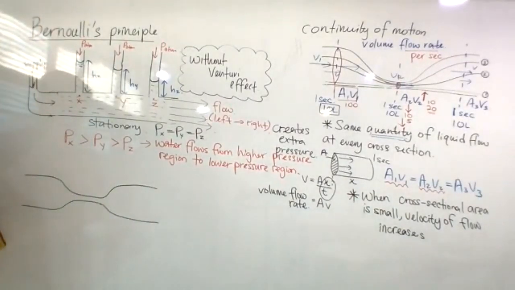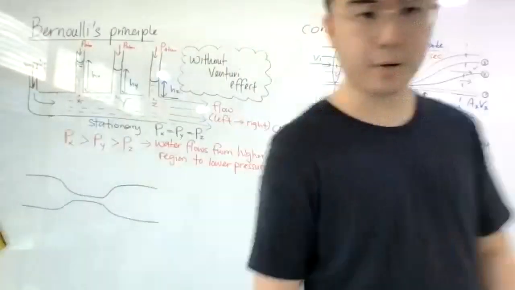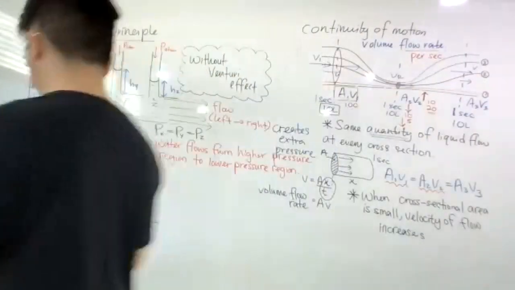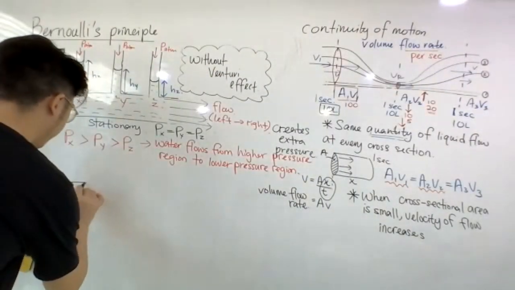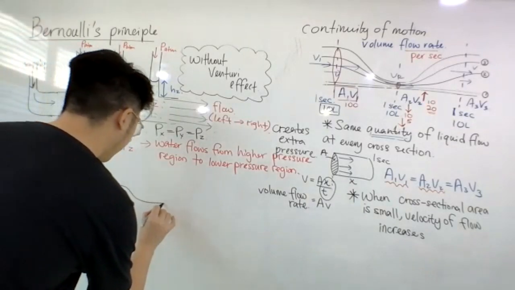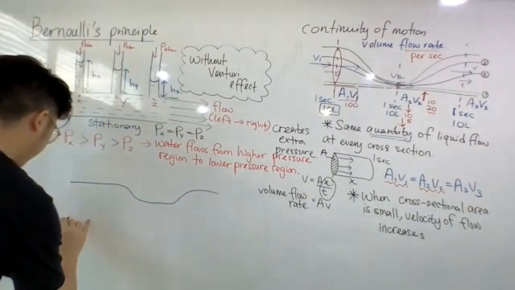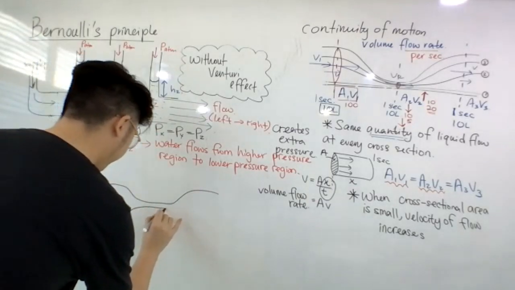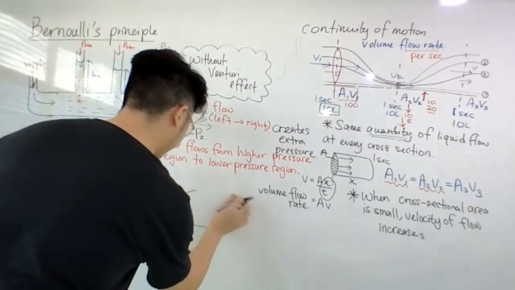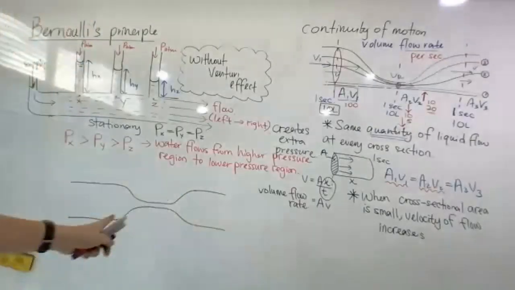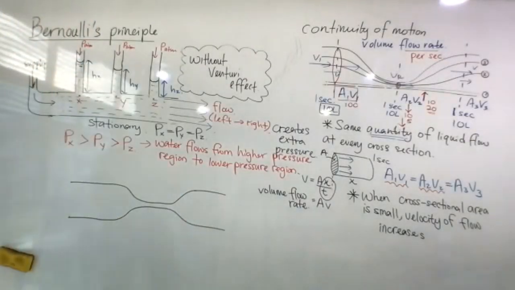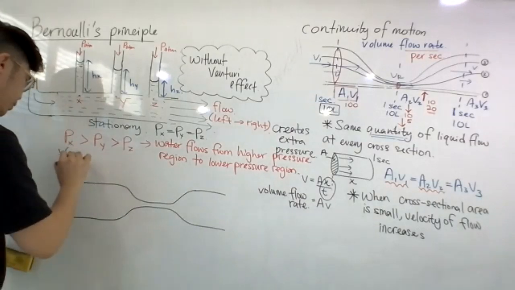Okay. Is this diagram okay? Let me redraw it. Make it straight a bit. Okay, like this. So this is a Venturi, we call it what? Venturi tube.